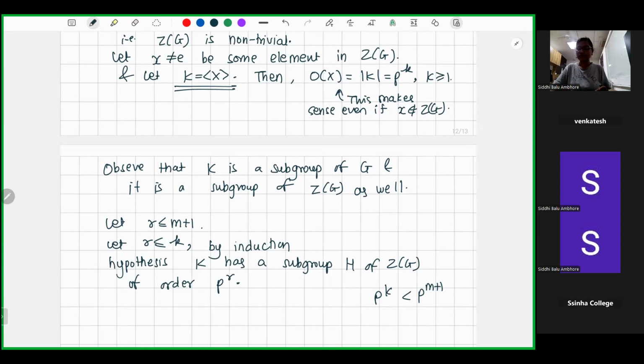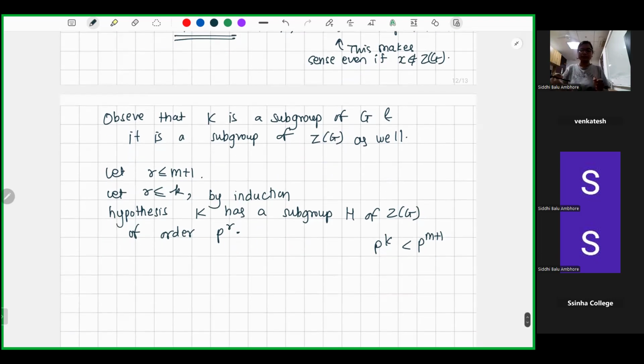Okay, so this k is less than or equal to m. And if that is the case, using strong induction, I will get subgroups of order p^r up to k, using the induction hypothesis.